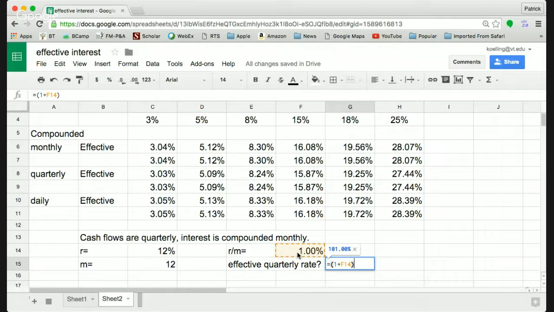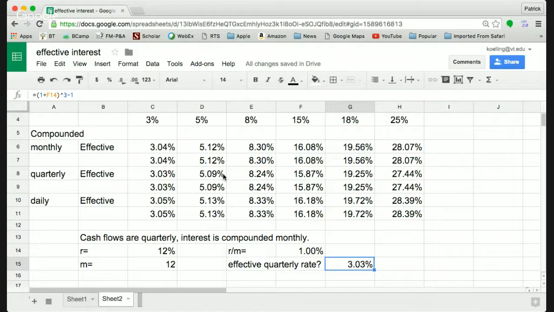How many months are in a quarter? There are 3 months in a quarter. And then we subtract 1. Here's our quarterly effective interest rate, 3.03%.